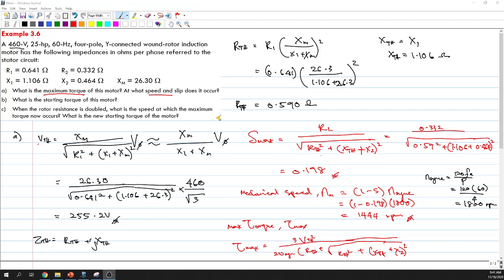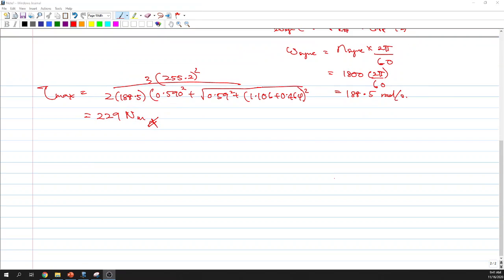So as we know that the torque equation is including the S. Okay, so I rewrite again the equation.